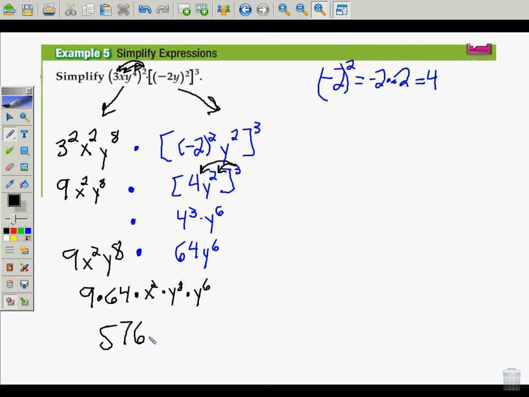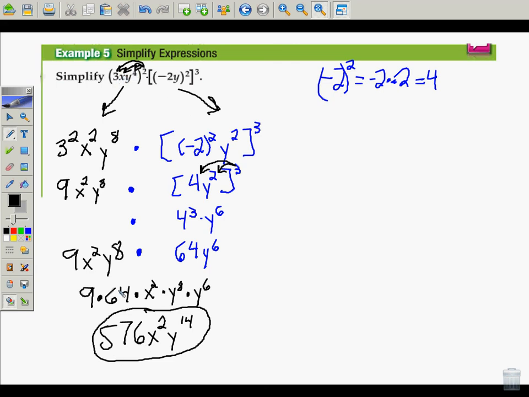I have the same base multiplied together, which means I'm going to add my exponents. 8 plus 6 is 14. So I get y to the 14th. And now this is a simplified monomial expression. Each variable appears only once and I only have one constant. So what we got when we multiplied these two things together was 576, x raised to the second power, y raised to the 14th power.